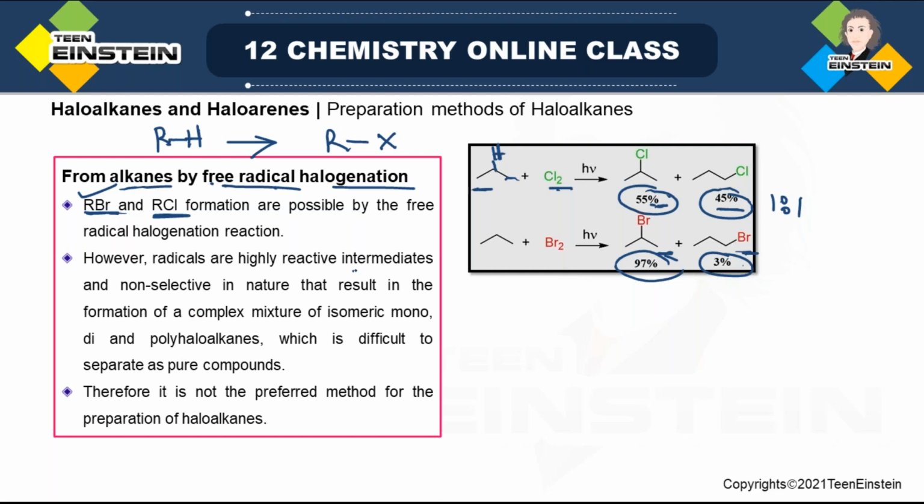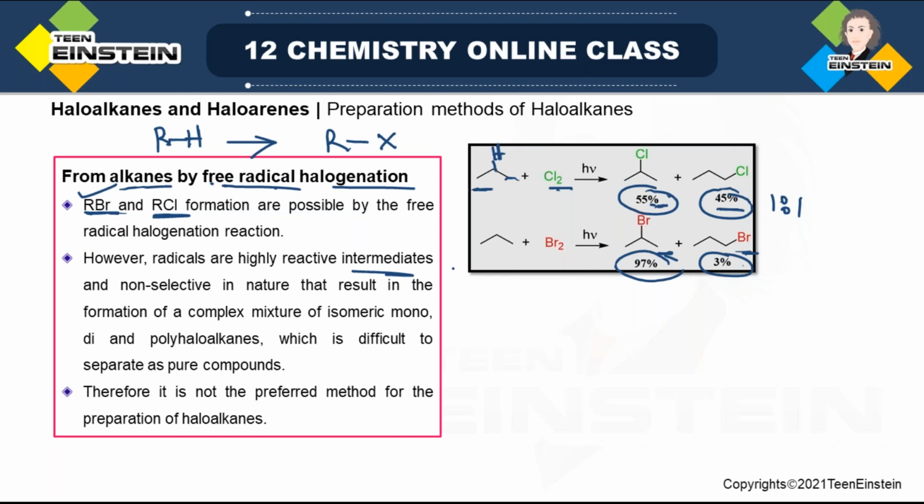Radicals are highly reactive intermediates, because here, as the mechanism is going through a radical, a single electron is present. We know that radicals are very reactive intermediates. So when the intermediates are very reactive, obviously selectivity is less, because selectivity and reactivity are inversely related.